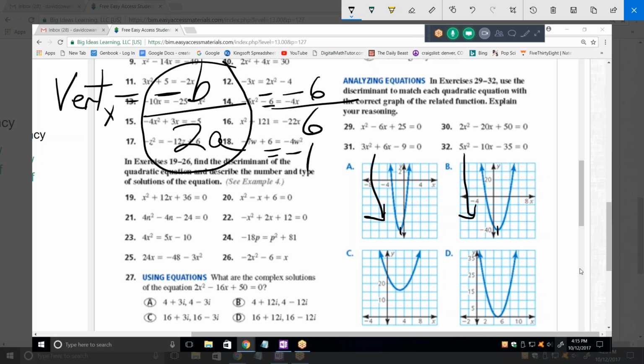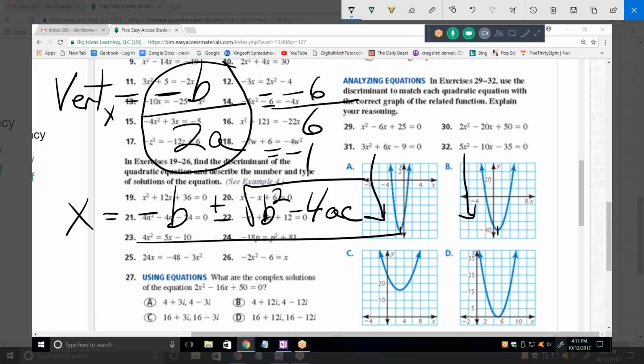And the quickest way to get that x-coordinate of the vertex that I know of is minus b over 2a, which isn't the discriminant, but notice what the quadratic is. And this is actually kind of helpful. One way to memorize the quadratic formula is to recognize that it is a combination of the vertex plus or minus the square root of the discriminant. That's actually the best way to memorize it.